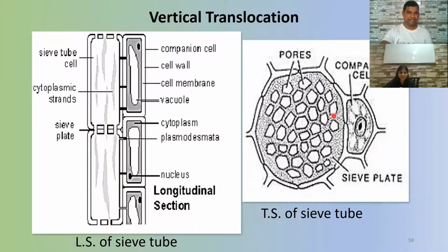And sieve tube के cell में you can see there are pores present. ये जो gaps है ना बीच में, ये pores है. इसको sieve pores भी बोलते हैं. So many cells together forms a sieve plate.